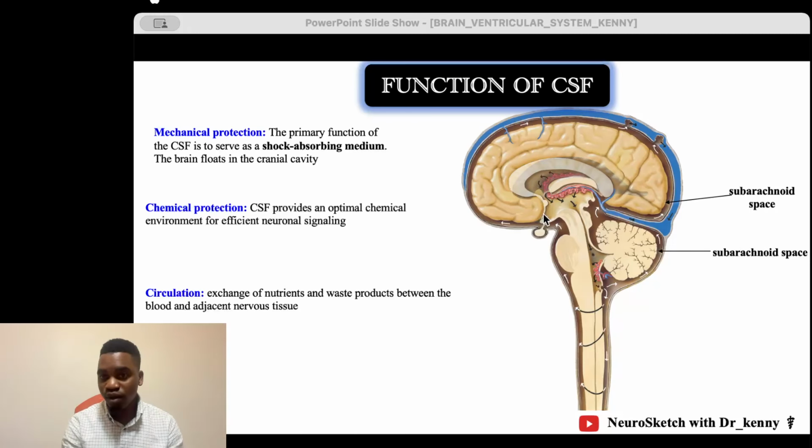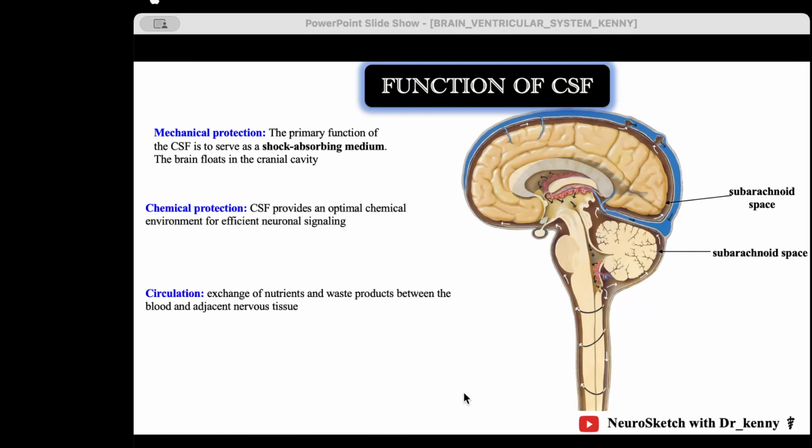The waste products, the carbon dioxide and all the products of metabolism, are carried by the cerebrospinal fluid, and of course it supplies nutrients to different parts of the brain. And that's the cerebrospinal fluid. So that is it from today's discussion.